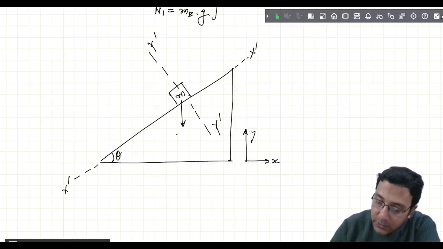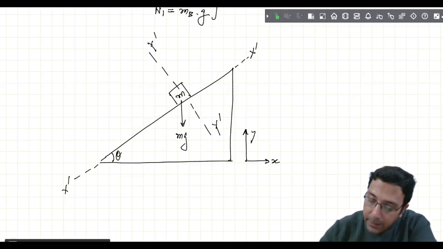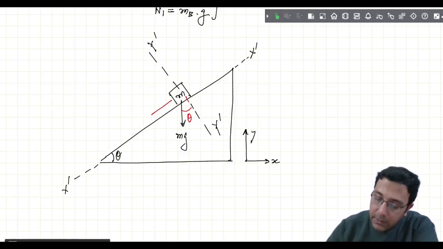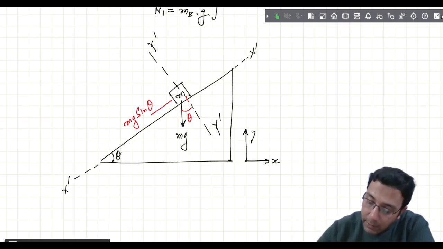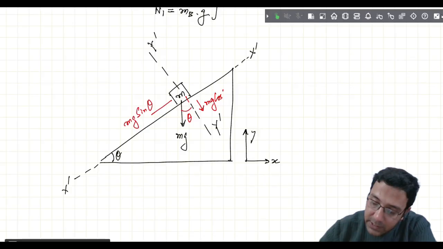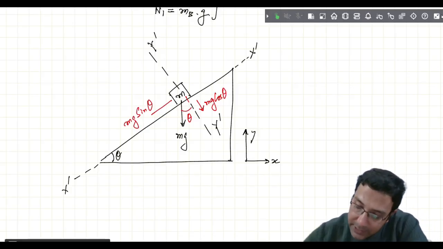Mg will always act down, and there will be components of the force. If this is theta, then this is also theta. So there will be a component of force, mg sine theta, that will act down. There will be a component of force, mg cos theta. What else? We will have a normal reaction that will act like this.